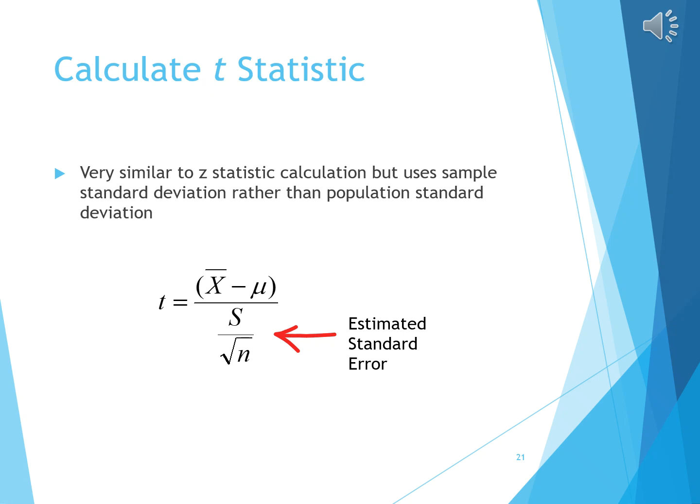Now, finally, we get to calculate our t-statistic. This is very similar to the z-statistic, but again, we don't use the standard error. We're actually using an estimated standard error, which is this bottom term, s over the square root of n. So to calculate this for a one-sample t-test, the t-score, t-value, or t-statistic, all those things mean the same thing, the lowercase t, equals the sample mean minus the population mean divided by the sample standard deviation over the square root of the sample size.